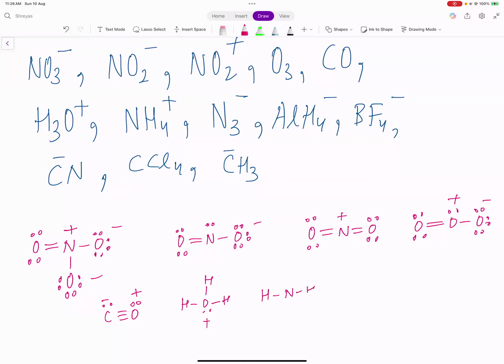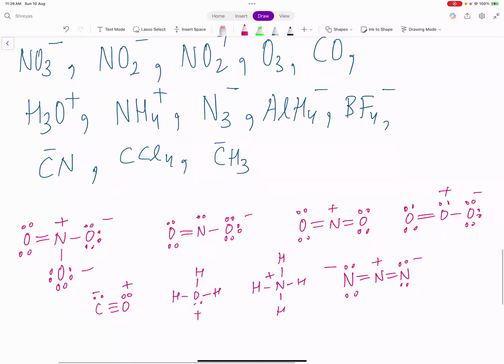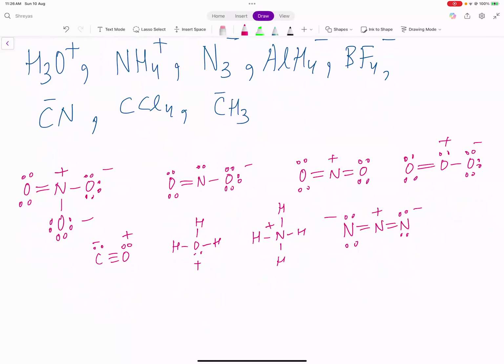NH4 plus. N3 minus. AlH4 minus. BF4 minus. CN minus.